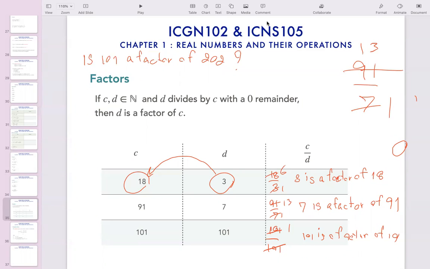The answer is yes, because 202 is divisible by 101 without remainder, right? So that's why the answer is yes. Because there is no remainder in this division. Okay, any other questions for this slide?